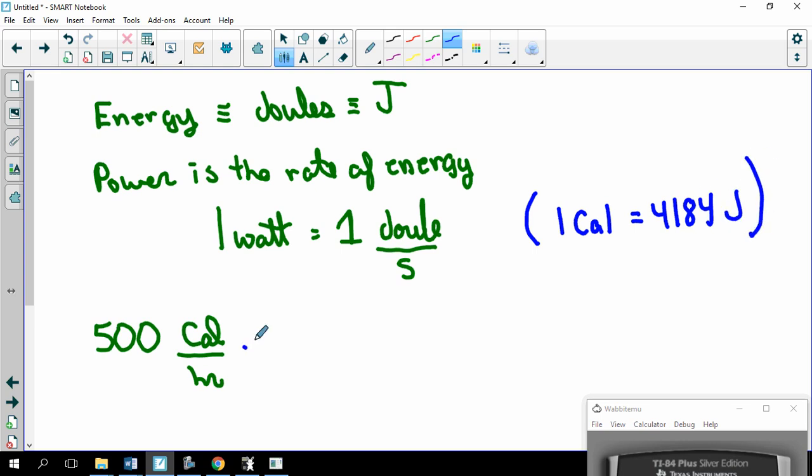So I want to divide by calories to get joules, and 1 calorie gives 4184.